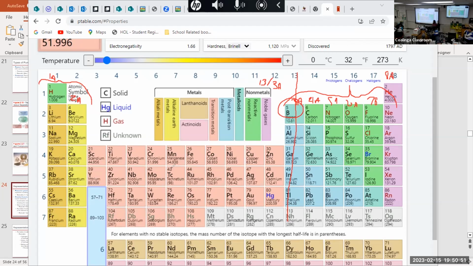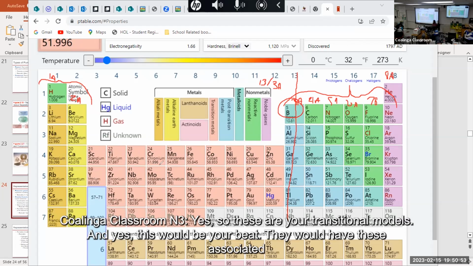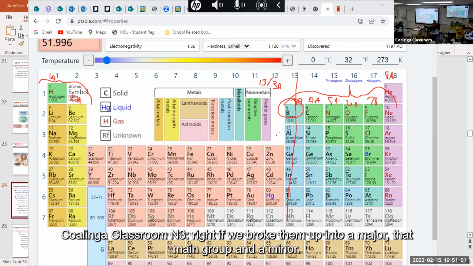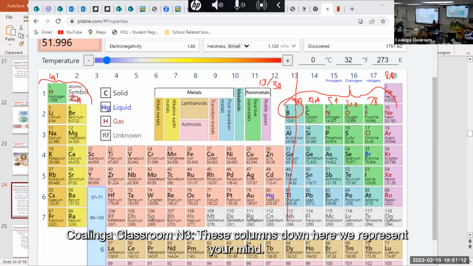This section right here. Yes, so these are your transitional metals, and yes, this would be your Bs. They would have Bs associated if we broke them up into a main group and a minor group. A represents the main group, and B would represent the minor. So your transitional metals, these columns down here, would represent your minor group.